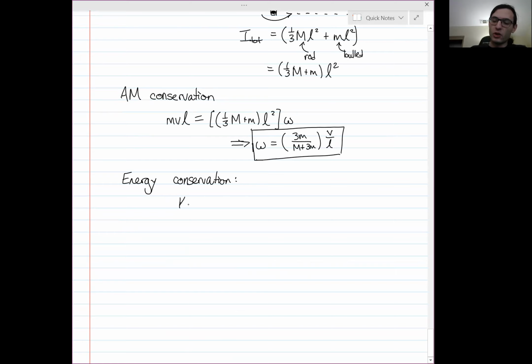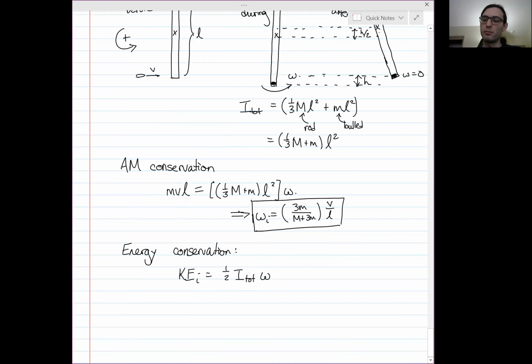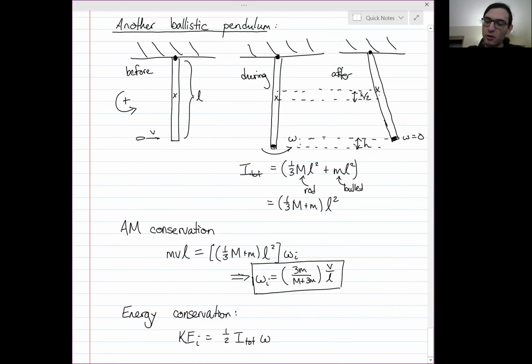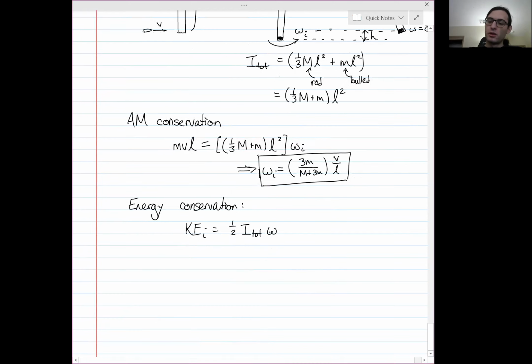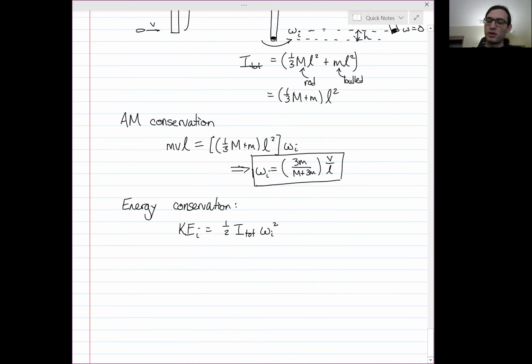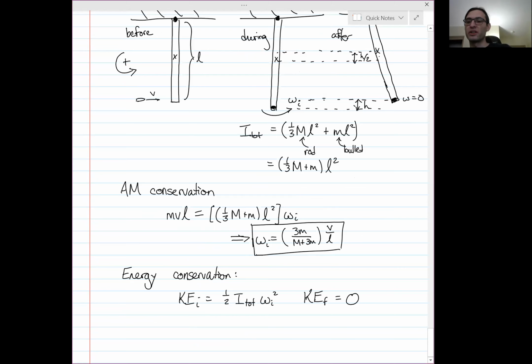So we have the initial kinetic energy is 1/2 I total times omega initial squared, the initial angular velocity here. The final kinetic energy is 0, right? Because it has no angular velocity.